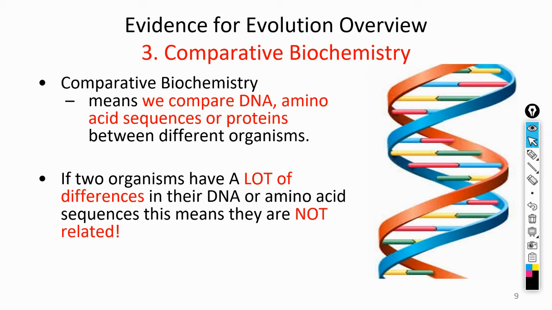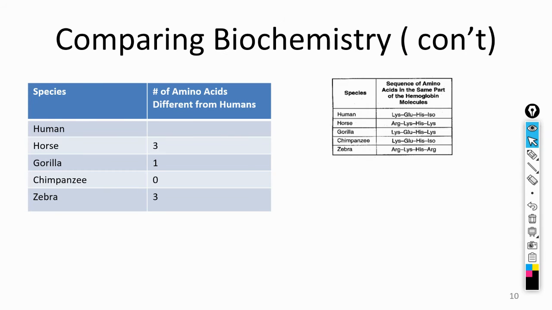The closer two organisms' DNA are, the more closely they're related. The closer two organisms have proteins with similar or the same amino acid sequences, the closer their relationship. If two organisms have a lot of differences in their DNA or amino acid sequences, that means they're not related to one another, or at least not closely related.